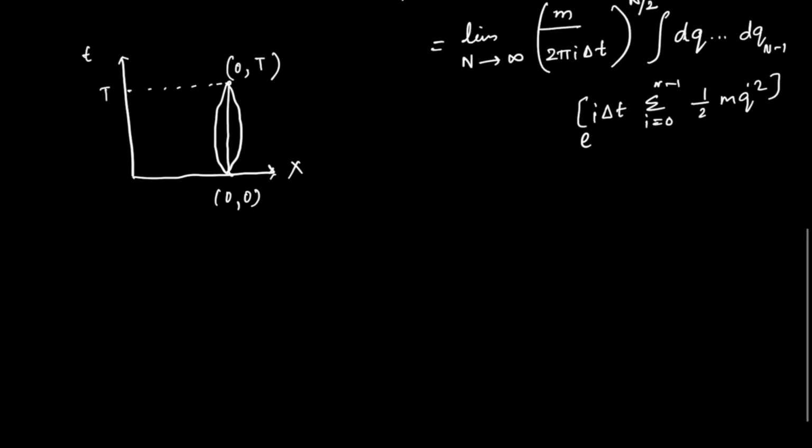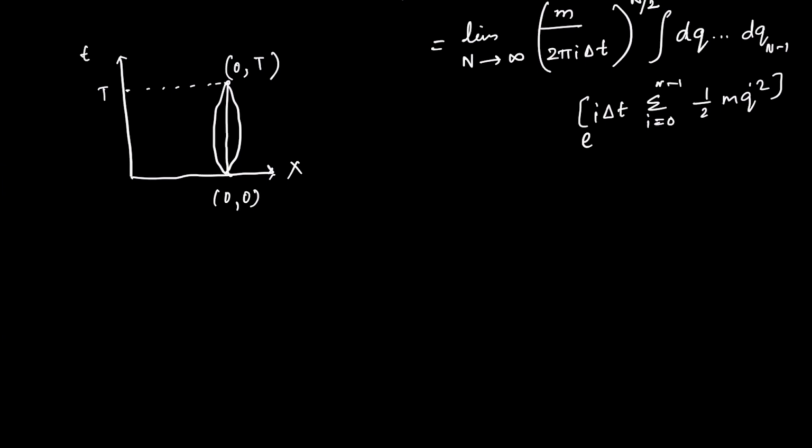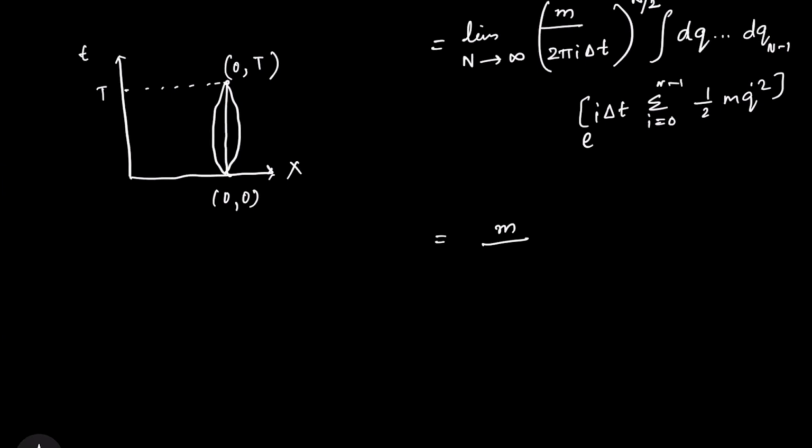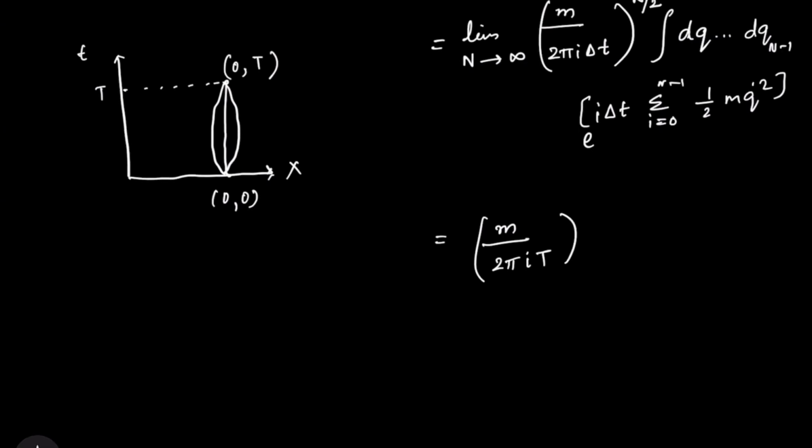Now you can work out this infinite number of integrals using the standard Gaussian integral formula to get the answer (m / 2πit) raised to 1/2.